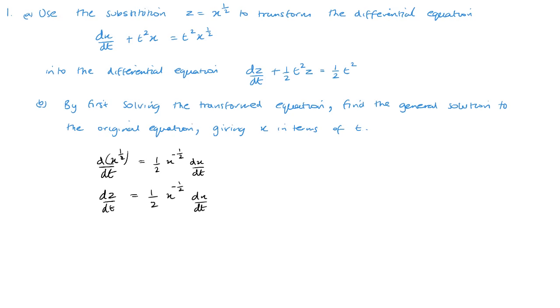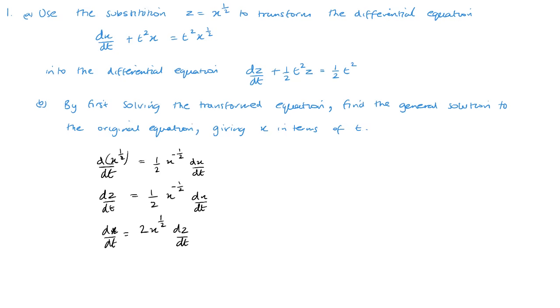Now I've got something in z's and t's and x's and t's, and obviously we want z's and t's, and this one currently contains x's and t's. So we need to rearrange this. So we want dx by dt. So we're going to multiply by 2 x to the power a half dz by dt.